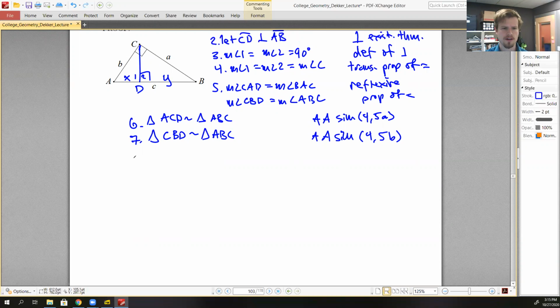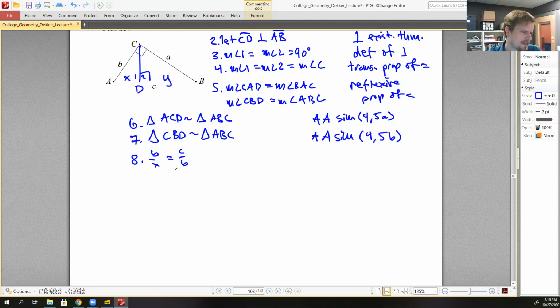So with the definition of similar triangles, we get that B over X, the side B of ABC and side X of ADC, is equal to C over B. So B over X is equal to C over B.